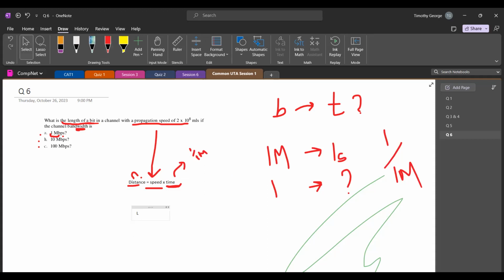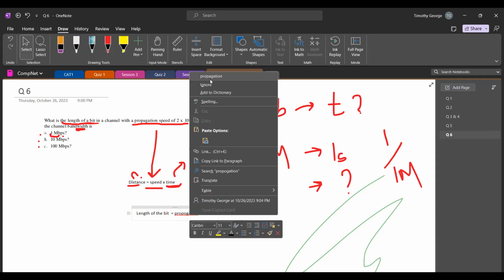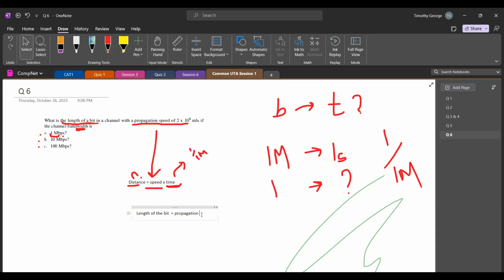So the length of the bit will be the propagation speed into 1 divided by whatever the bandwidth is.